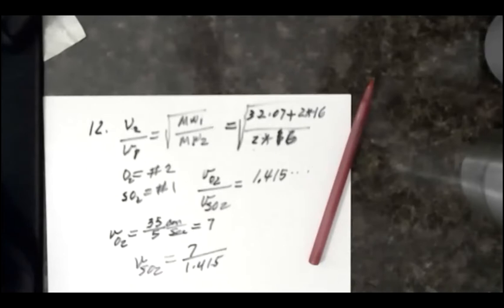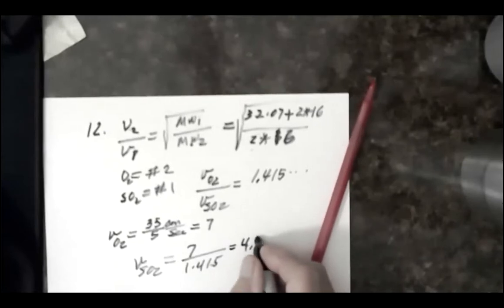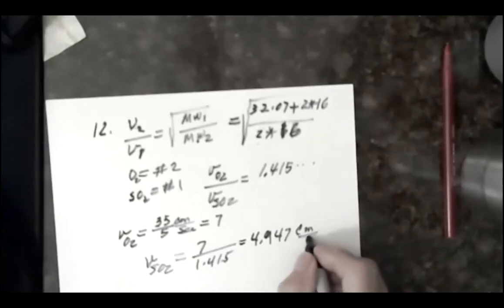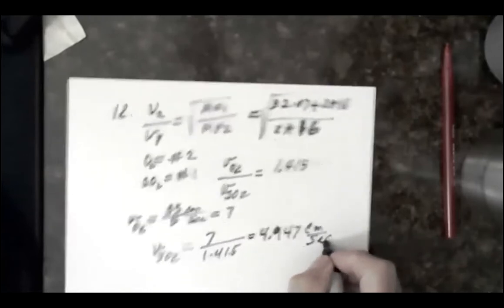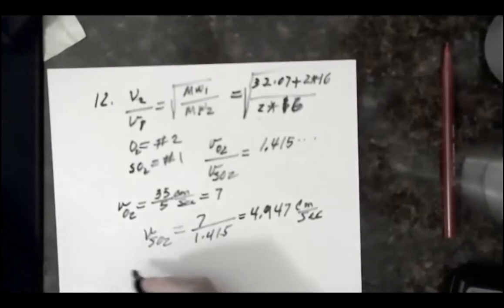It's going to be 7 divided by the answer that I still have on my screen, so I don't round off anything. I'll come out to be 4.947 centimeters per second.